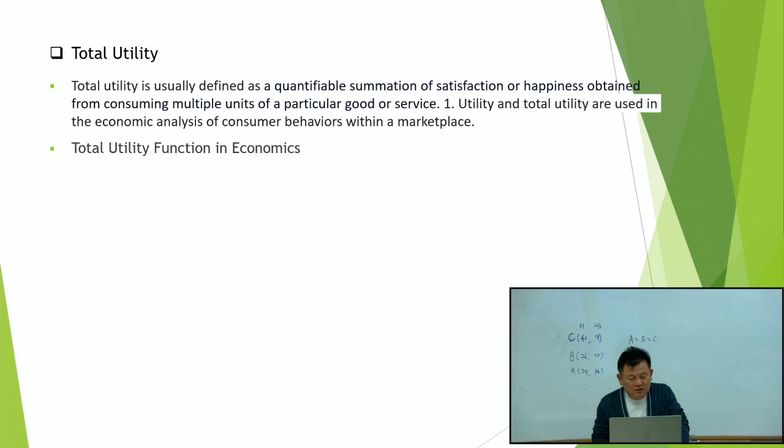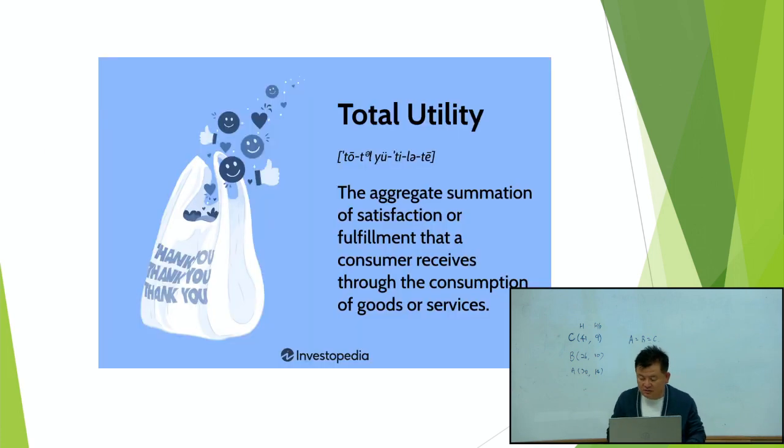So total utility is used in the economist's analysis of consumer behavior with the market price. Also, the total utility function in economics. Yes, total utility. I'll show you the definition: the aggregate summation of satisfaction or fulfillment a consumer receives through the consumption of goods and services.